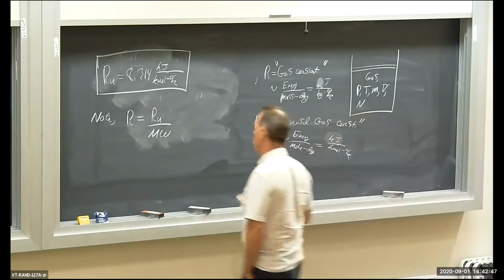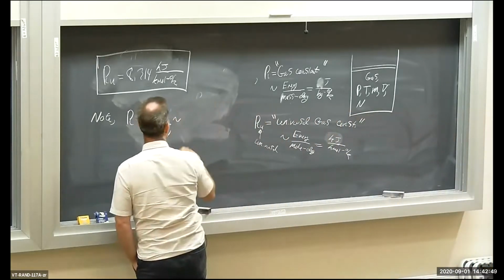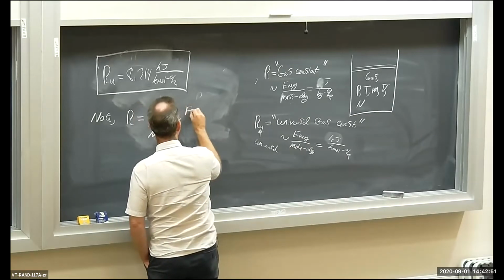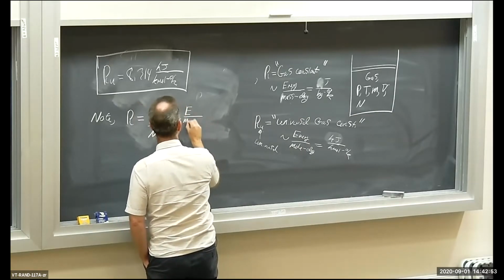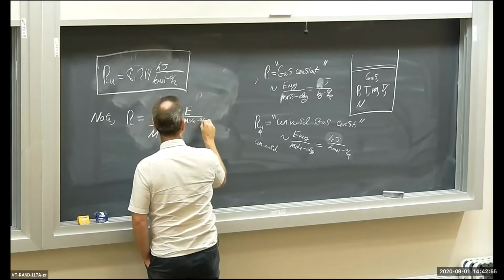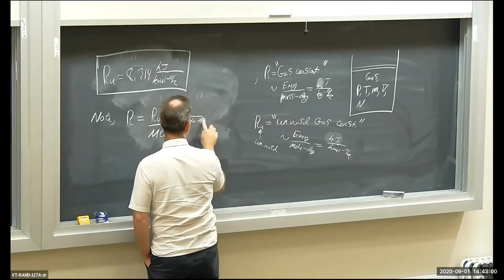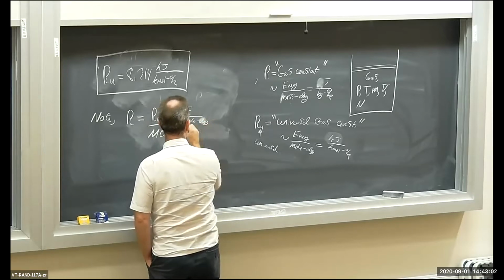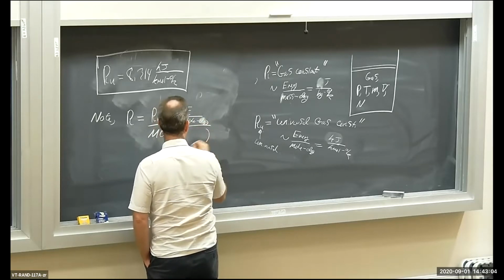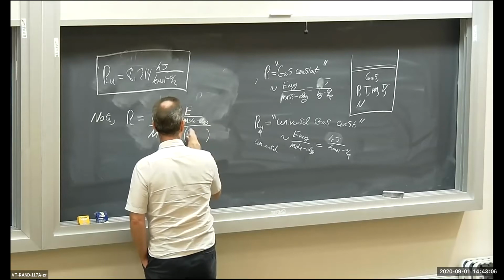Let's make sure this works here. Let's look at the units here. I have energy per mole degree in Kelvin, I'm sorry, per degree. And then in the denominator, I have mass per mole.